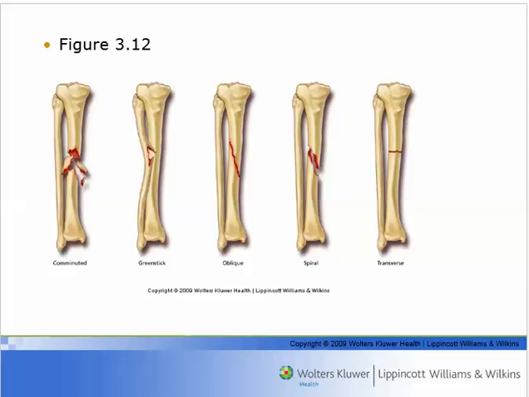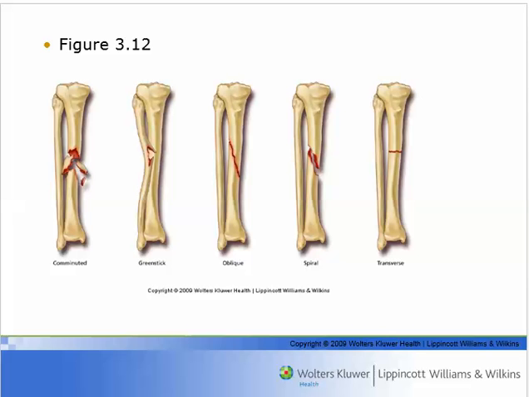Generally speaking, pathological fractures happen because of disease entities, usually some sort of osteopenia or osteoporosis. And often those are compression fractures. It's when the cortical bone gives up and there's not enough trabecular bone to support it.